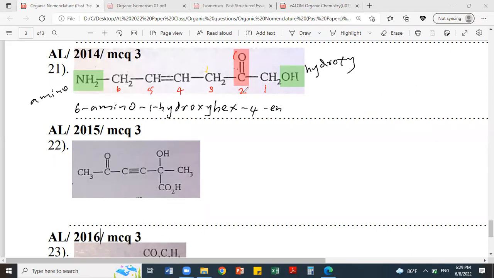After that, the functional group, the CO, the oxygen is attached to the second carbon, therefore 2-one. 4-ene means the double bond is at the beginning of which carbon? The 4th carbon, that's why 4-ene. Why 2-one? It means the ketone is on the second carbon. Understood?